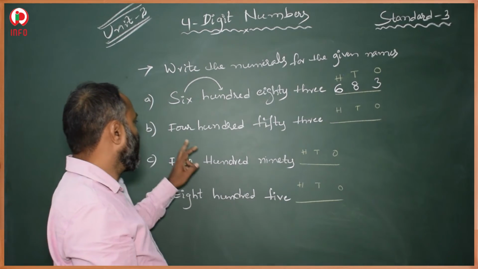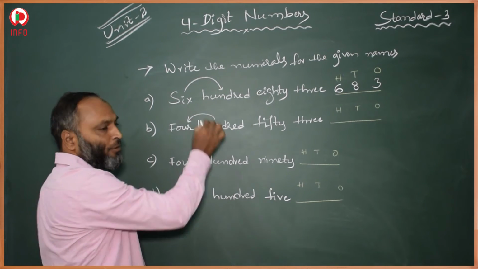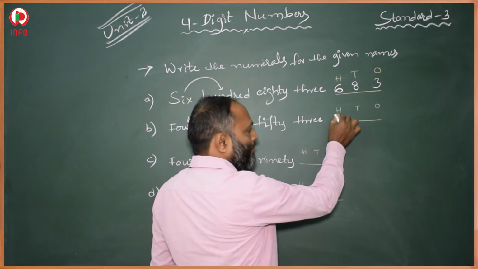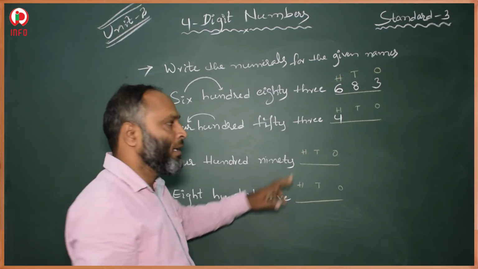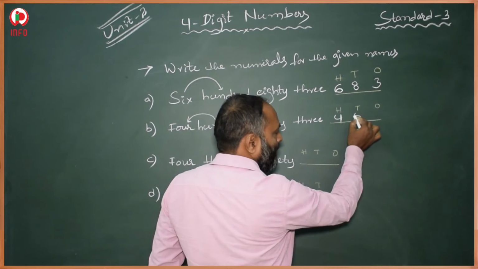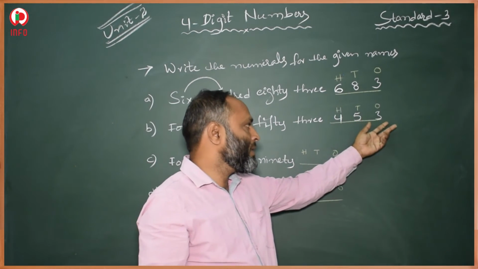Now here, 400. What is there in the hundreds place? 4. In the hundreds place 4. Then 53. In the tens place 5 and in the ones place 3.